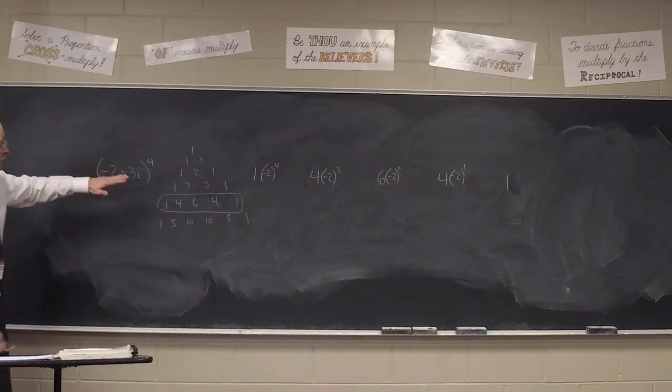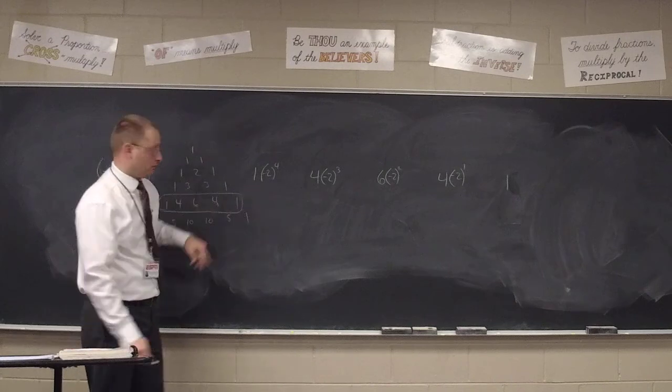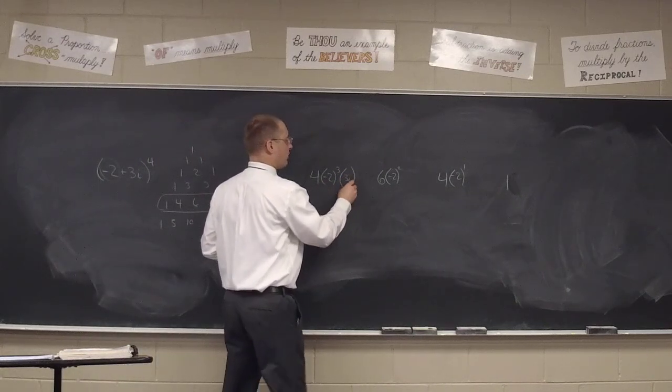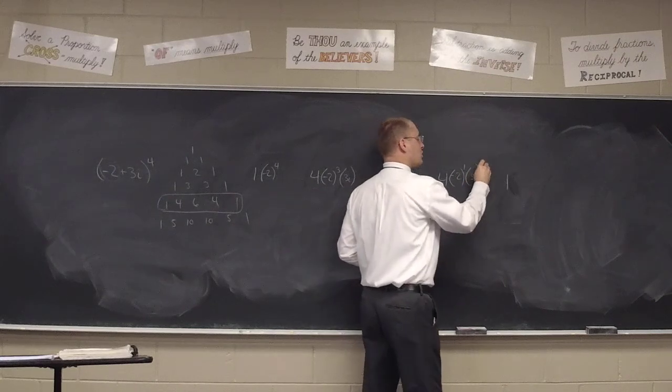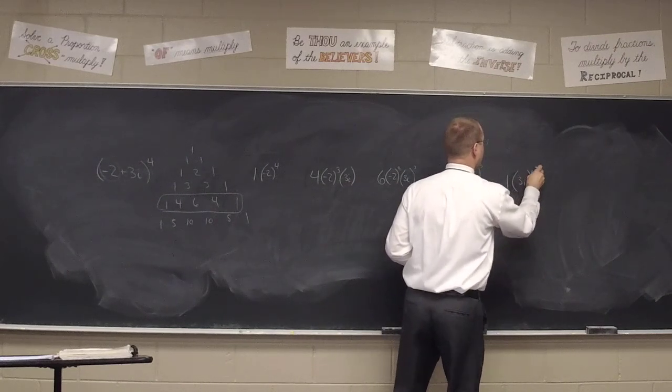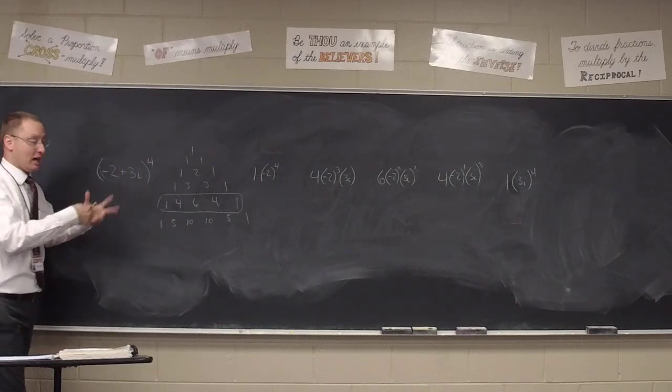Then we take the 3i, and we'd start the 3i off gone, then it'd be 3i to the first, 3i squared, 3i cubed, 3i to the fourth. And the signs, because of the positive here, would just be positive throughout.